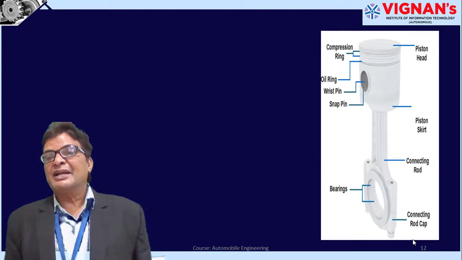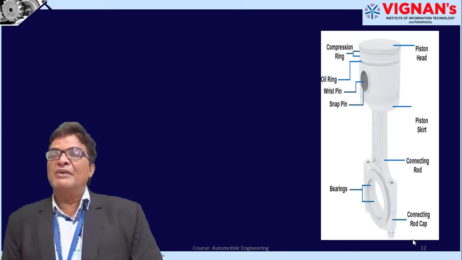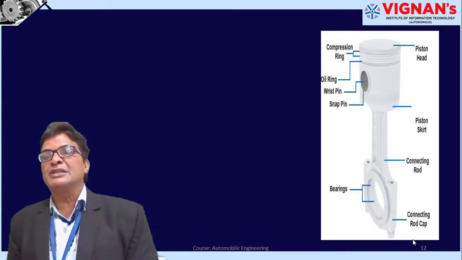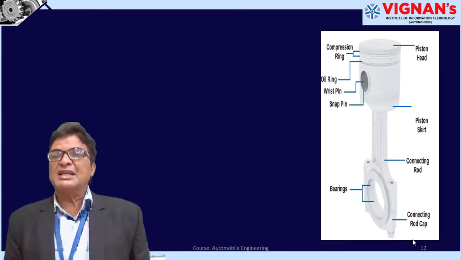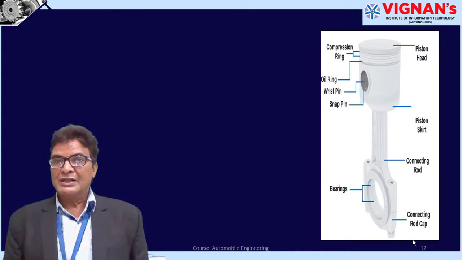So this is a piston and connecting rod assembly where we can show the piston, which is a reciprocating part of the engine. The piston reciprocates inside the cylinder with very high speeds.